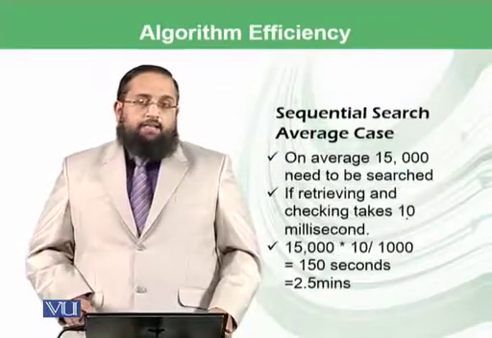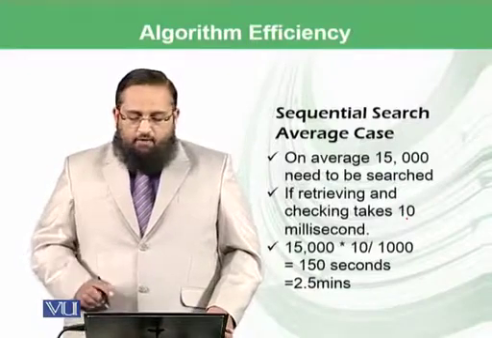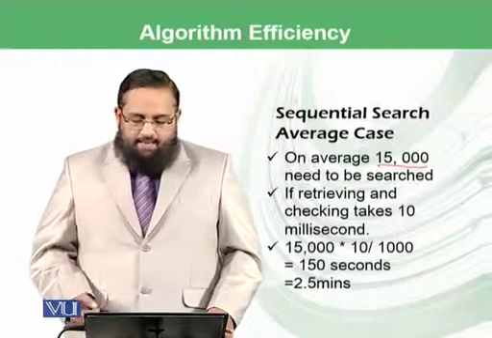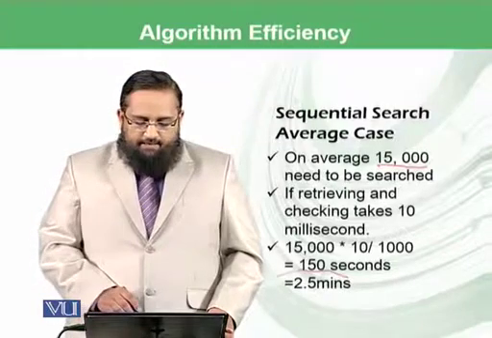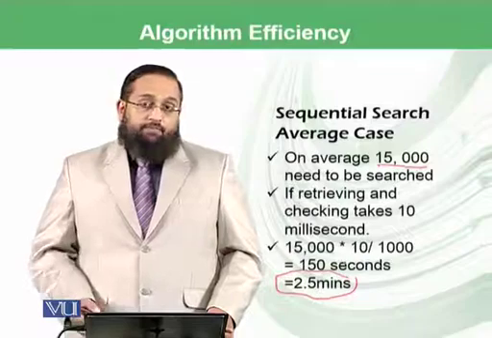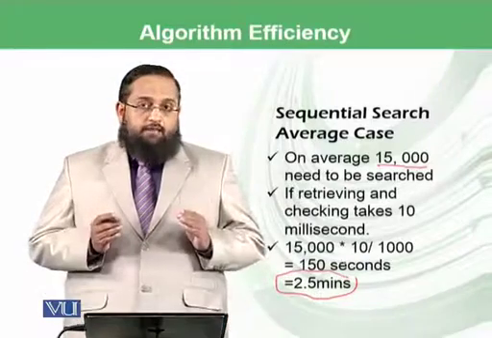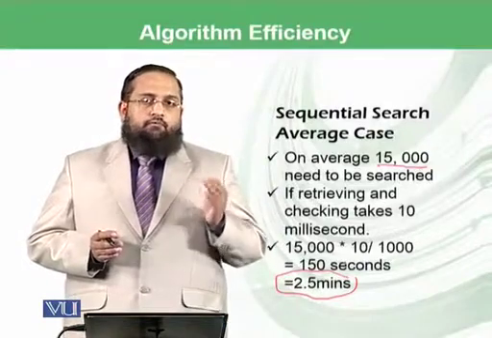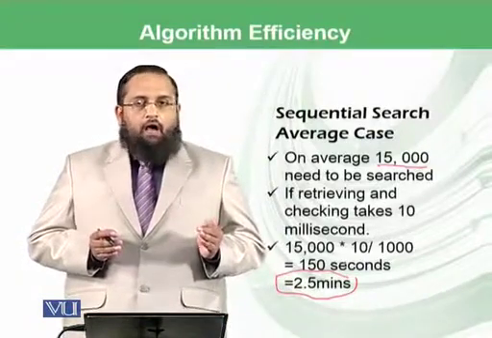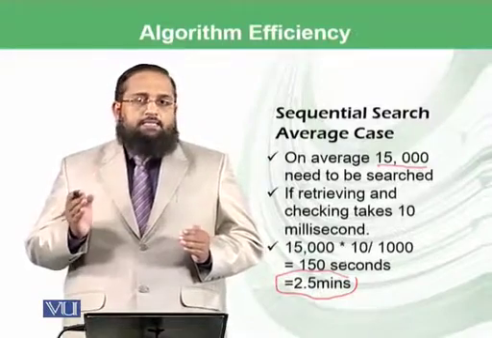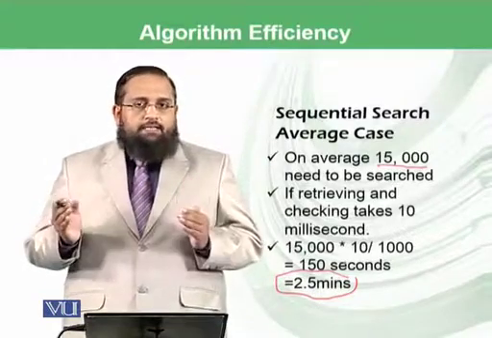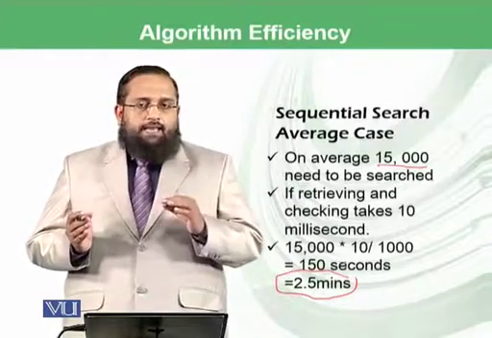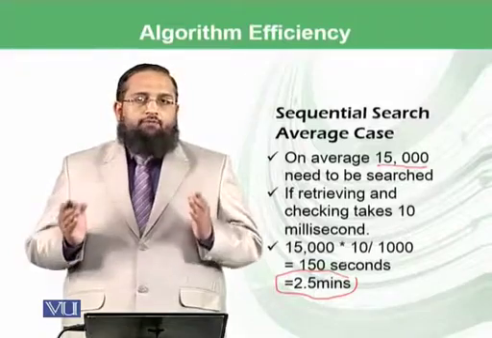On average, the sequential search algorithm will need to process 15,000 entries, and it will still need 2.5 minutes. However, the worst case scenario of the binary search algorithm only takes 0.15 seconds for the same kind of data.